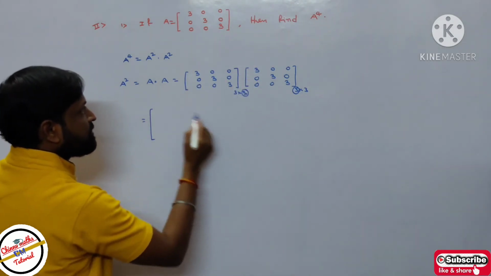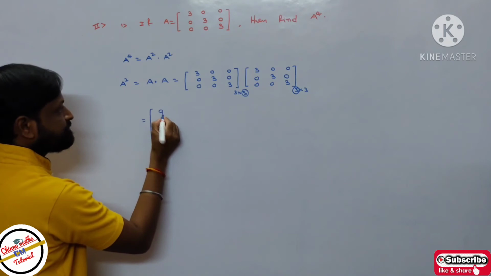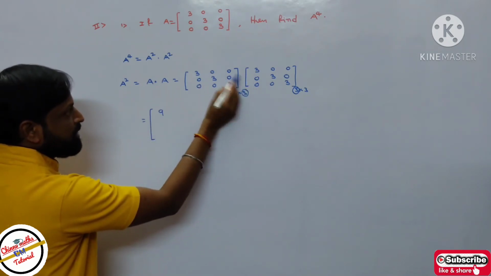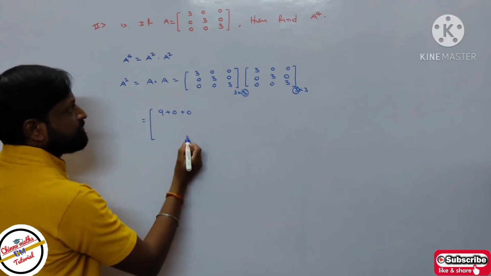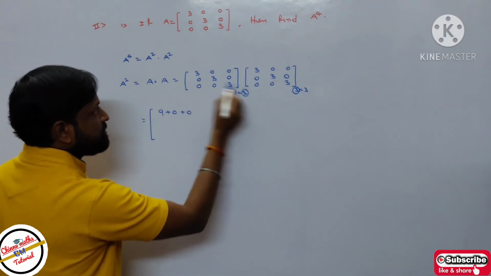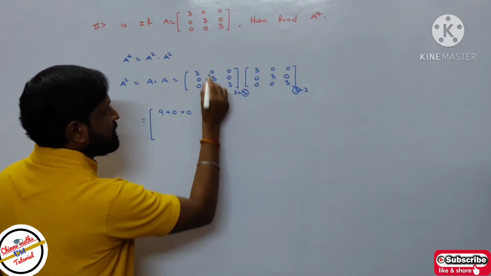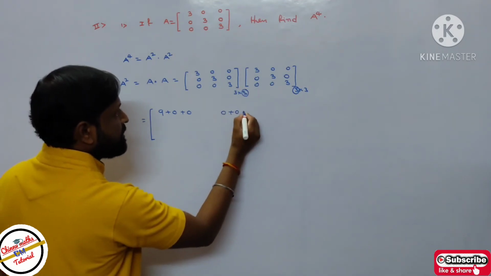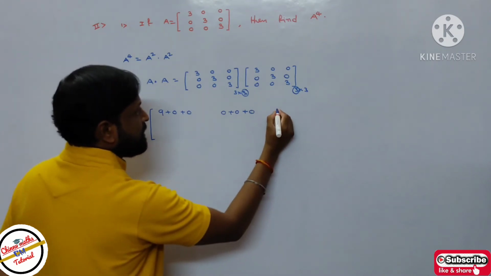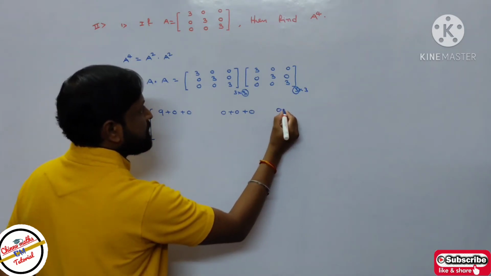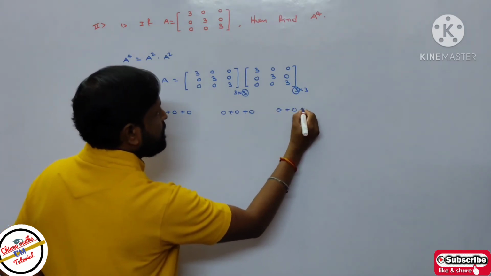R1 and C1, 3 into 3, 9. The remaining values are 0 plus 0 plus 0. Next R1 and C2, 3 into 0, 0, 0 into 3, 0, 0 into 0, so 0. Next R1 C3, 3 into 0, 0, again 0 plus 0.